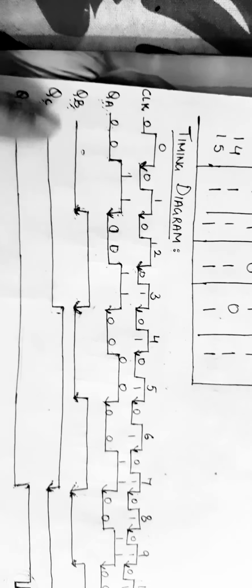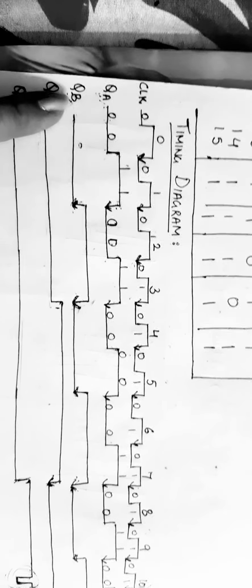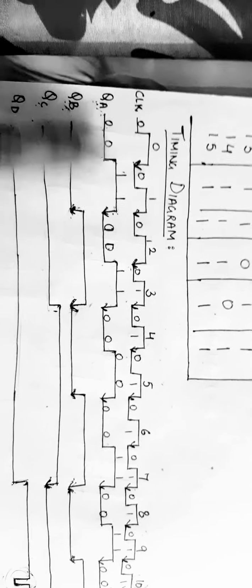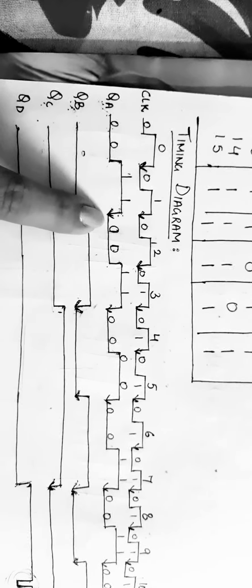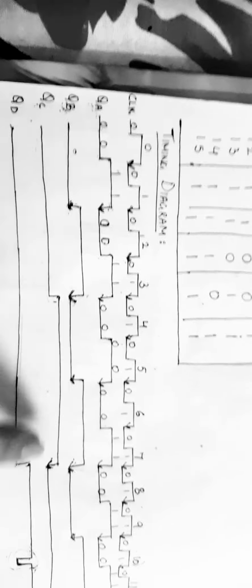For QB, the output QA will act as the clock for QB. Initially it is 0, and as soon as the negative edge pulse occurs, it inverts its state.